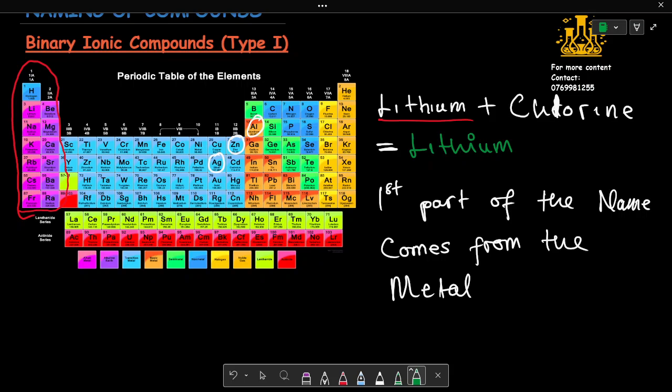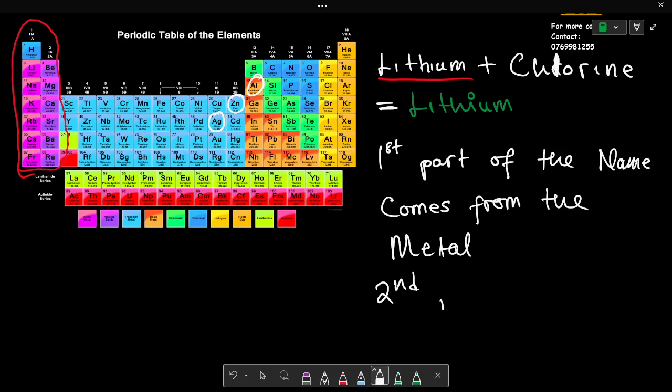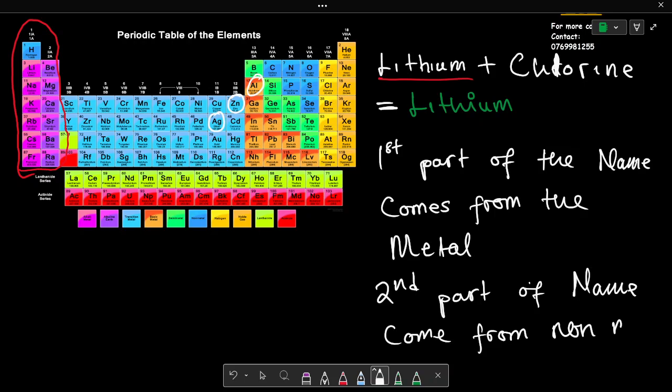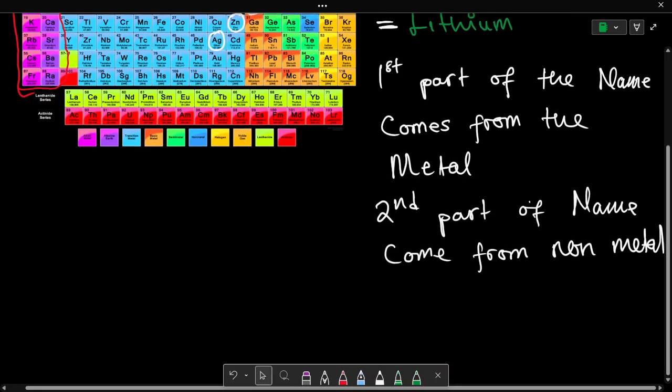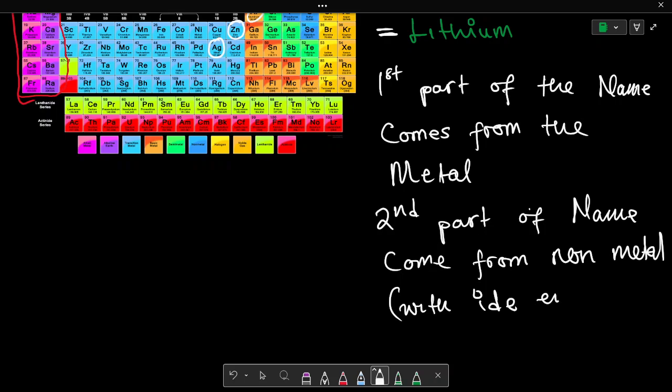Then the second part of the name, which you can think of as the surname, will come from the non-metal with an IDE ending.